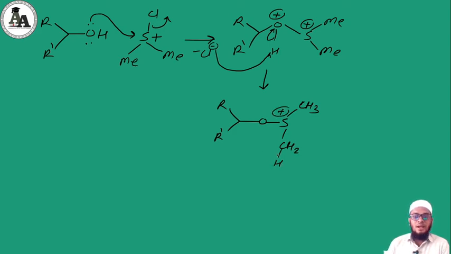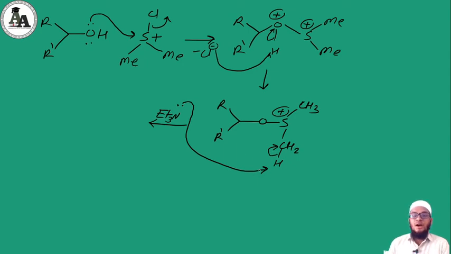Now why have I written it like this? Because in the next step I am going to react this with our base triethylamine. Now it will come and will abstract this hydrogen. This carbon-hydrogen bond electron will shift over here.